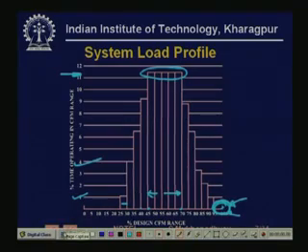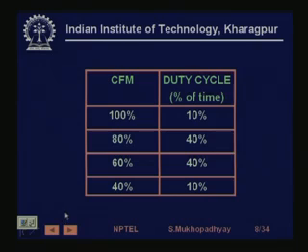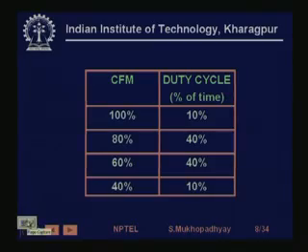Now let us see what happens. So we need to shift this operating point, right, all the time. So let us see now what happens if we shift the operating points. So this is summarized. Suppose, because we are going to see an example, 100% CFM means again basically flow, cubic feet per minute.